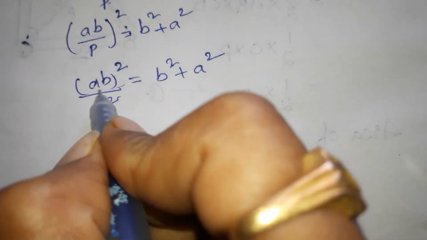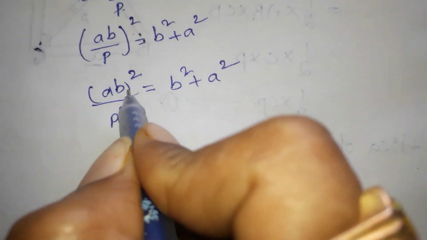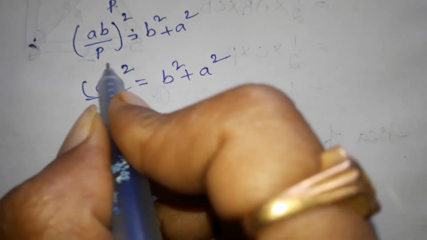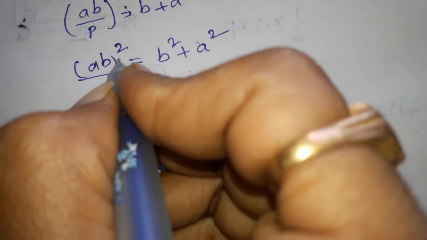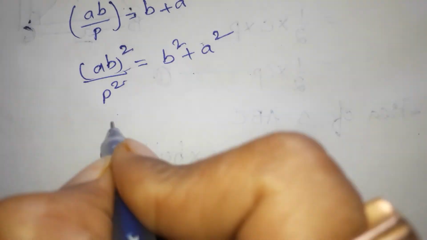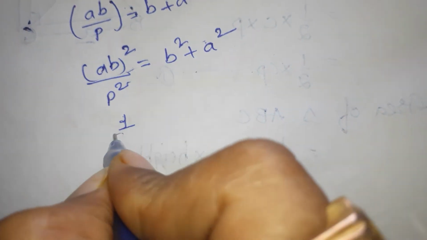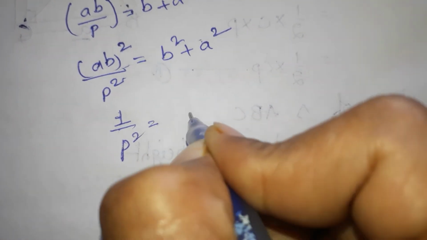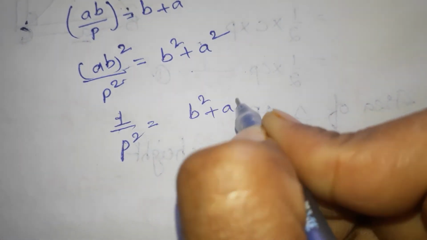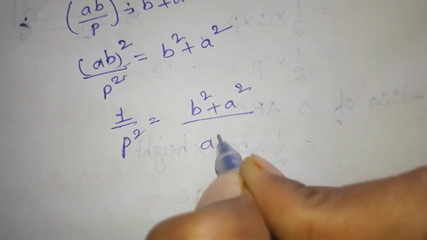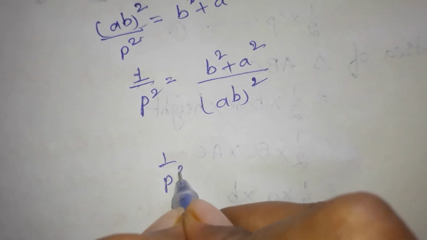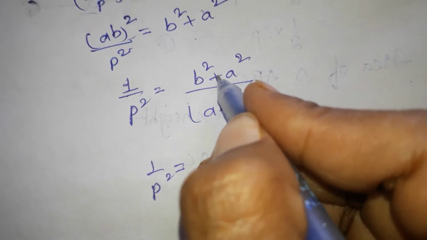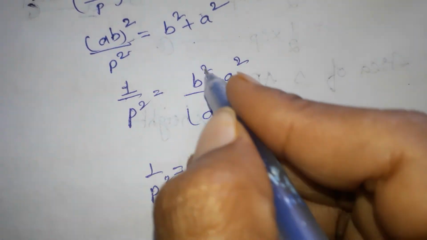Now I am taking this numerator to this side. When this is transposed to the right side, it will become the denominator. So if it goes to the right side, the remaining will be only 1. 1 by P square is equals to B square plus A square by AB square, right? So 1 by P square is equals to, here I am separating the denominator with each term, right?